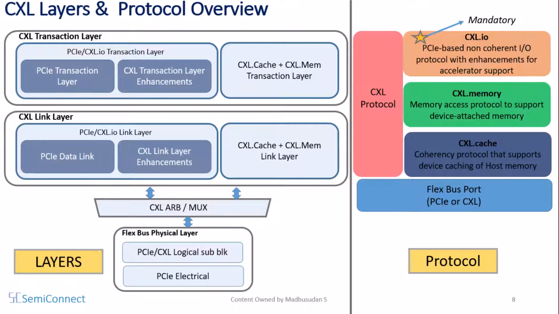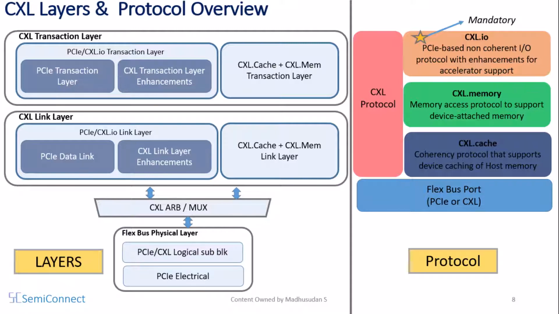That way, CXL achieves low latency. These flits are of fixed length, 512 bits, plus 2 bytes for the CRC information. That is what happens at the ARB/MUX level. It muxes the transactions coming from CXL.cache, CXL.mem, and CXL.io as well, and they are sent over the PHY, which is again borrowed from PCIe.